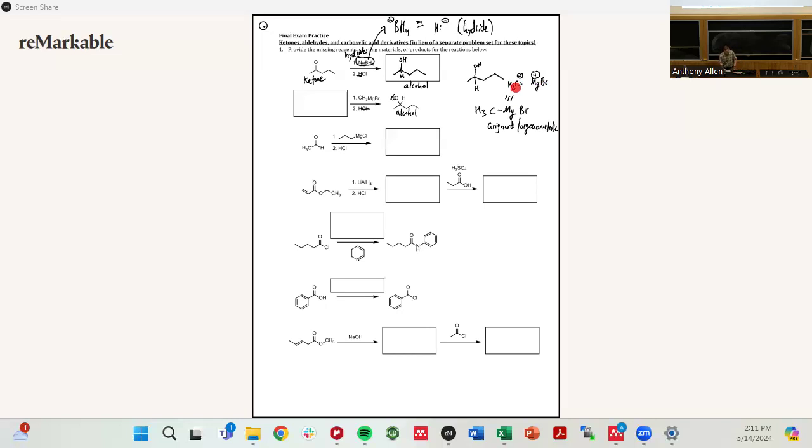Well, CH3 minus has excess electrons, so yes, Susie? I'm just wondering, with the Grignard reagent, it's usually drawn with the diethyl ether in their notes. Is that just implied as a solvent? Yes, it's implied as a solvent.